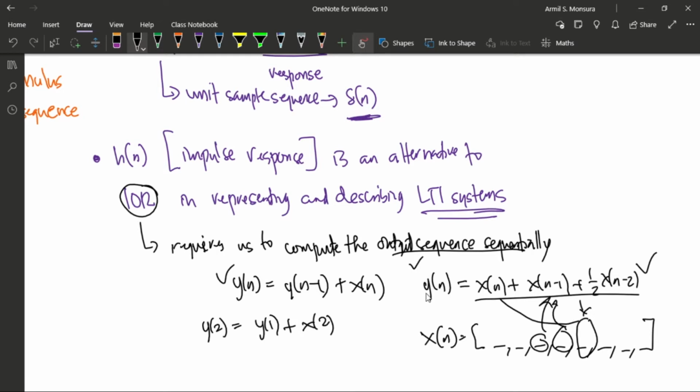Hindi siya pwedeng tumalon kasi that's the purpose of having an IOR eh. Okay? Ang IOR kasi or ang input-output relation is a description of how the output is computed based on the input signal. Okay? And therefore, pag kinompute nyo siya, sequential talaga siya.